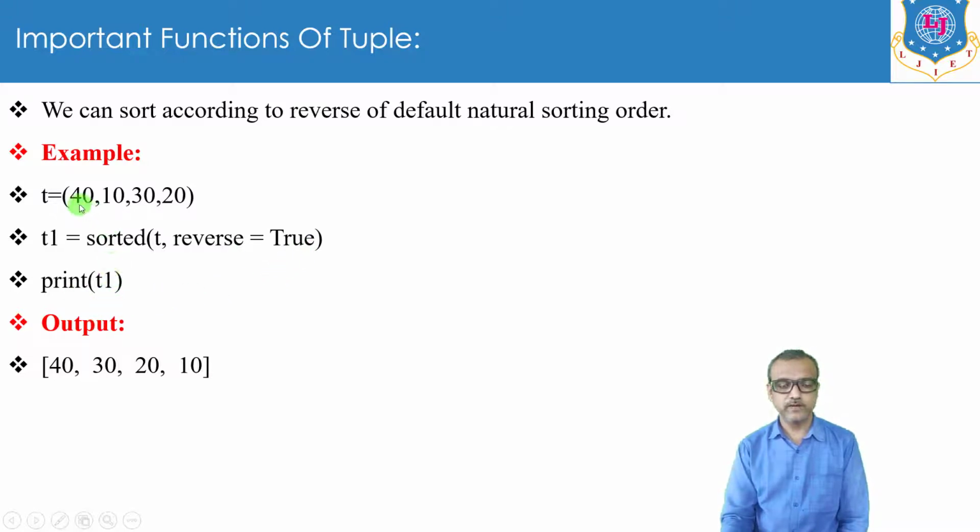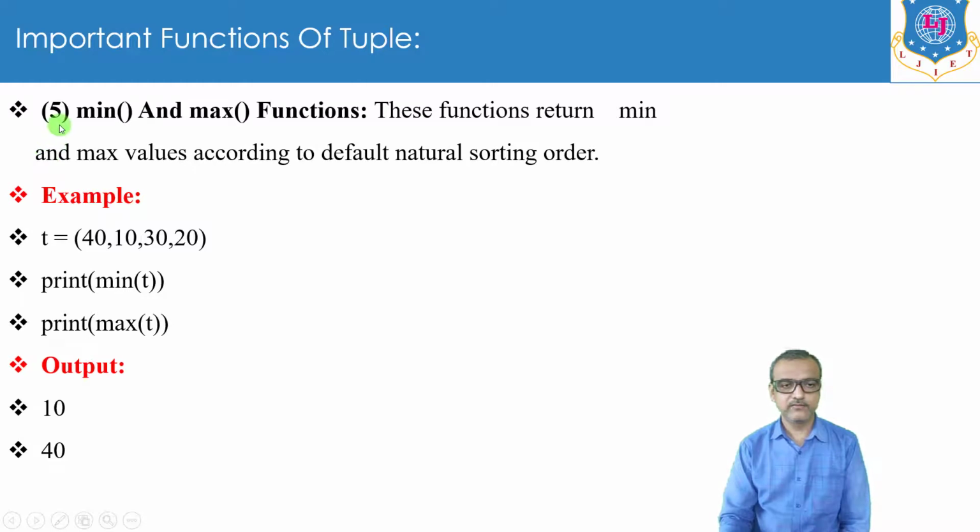We will have the elements of tuple T in descending order. So what is the output? First of all we will have 40, then 30, then 20, and finally 10. So whenever we use the function like this, we will have the output in the reverse of natural sorting order.